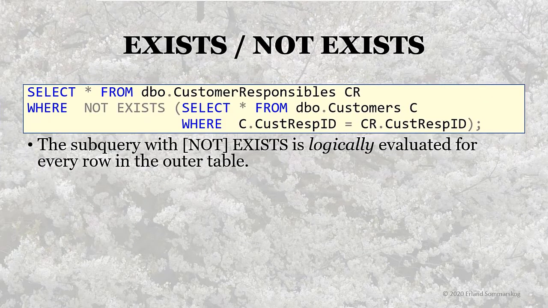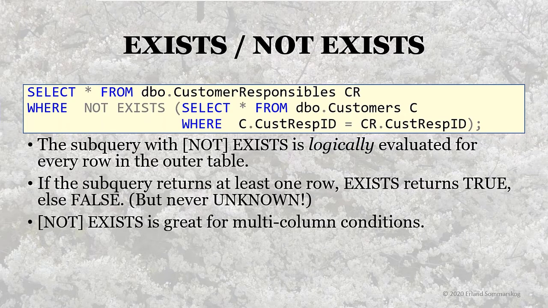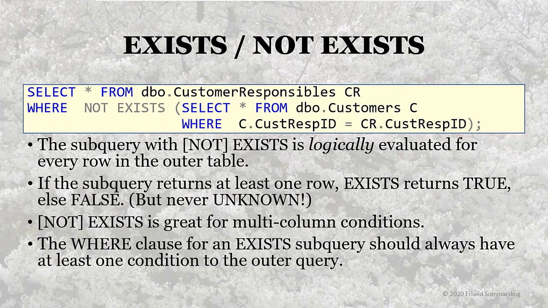This subquery is logically evaluated for every row in the outer table, and it will return true or false depending on whether there are rows, but never unknown. It's also great for multi-column conditions, so it's a lot more scalable for more complex queries. So it's really great to learn this. And keep in mind that the where clause for the exists query should always have at least one condition to the outer query. If you don't have this, you've probably done something wrong.